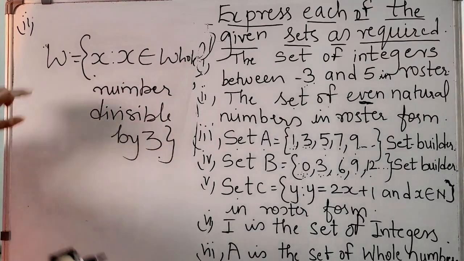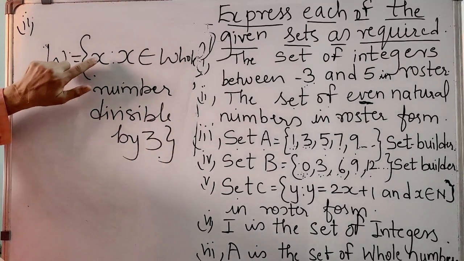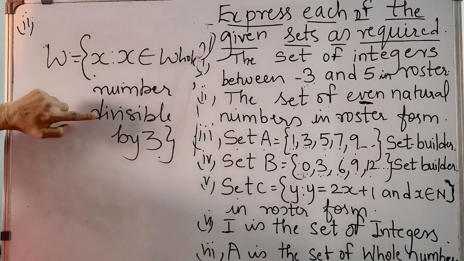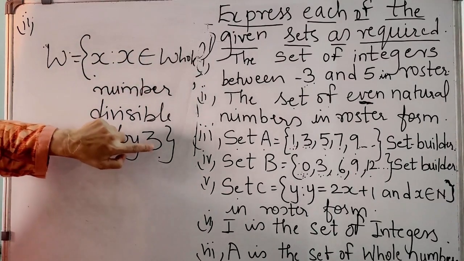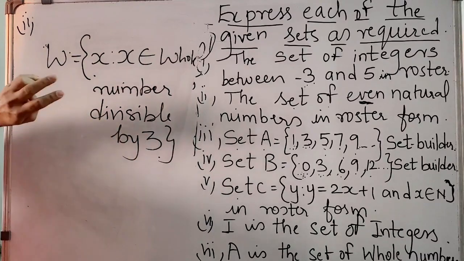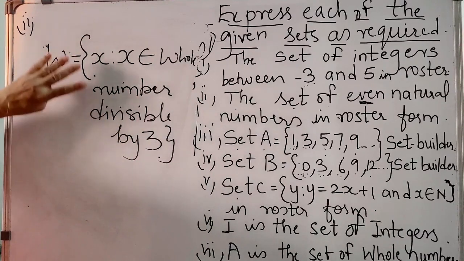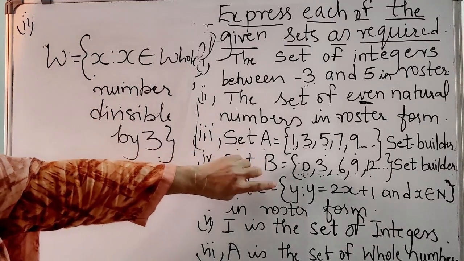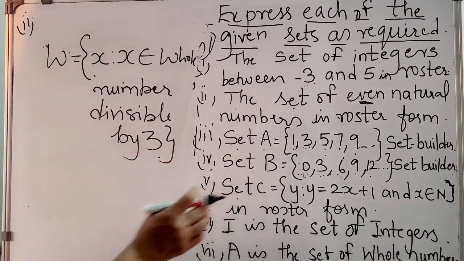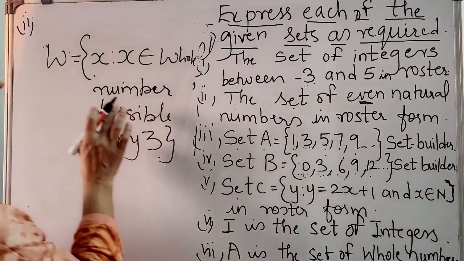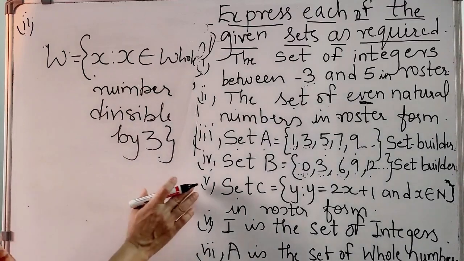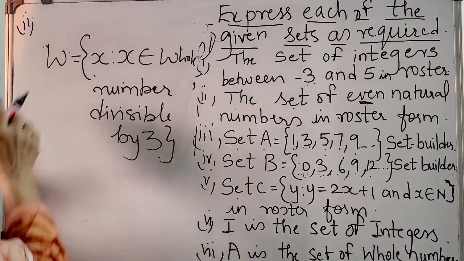So here, x is such that x belongs to the whole numbers divisible by 3. So this is the set builder form. Whatever the question, you can see the roster method has been converted into set builder form. Now the fifth sum.